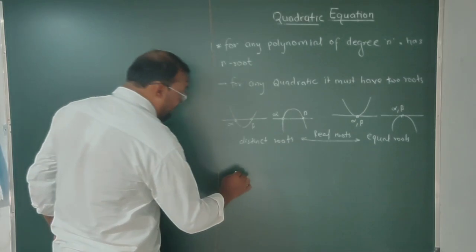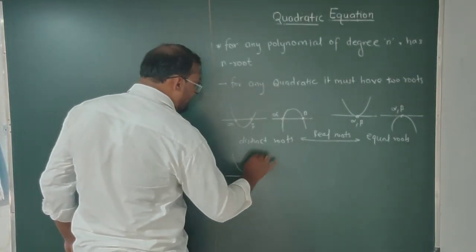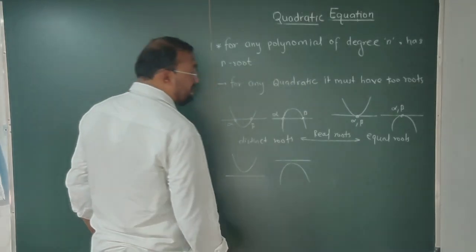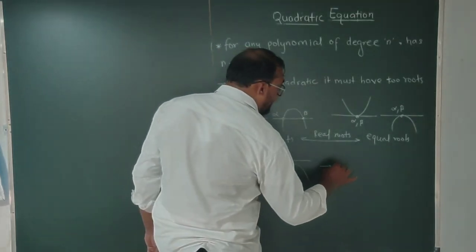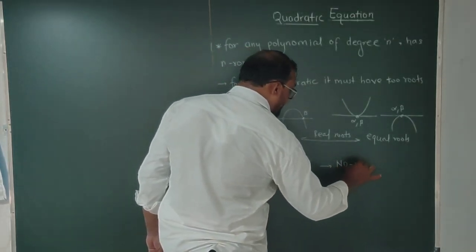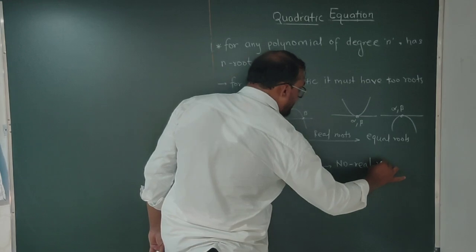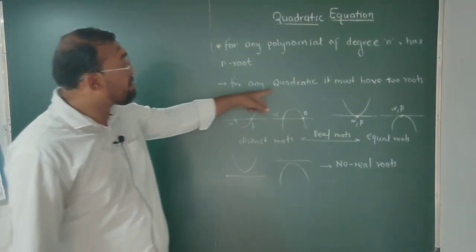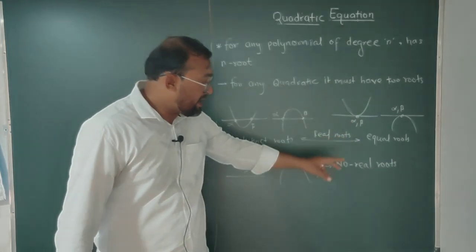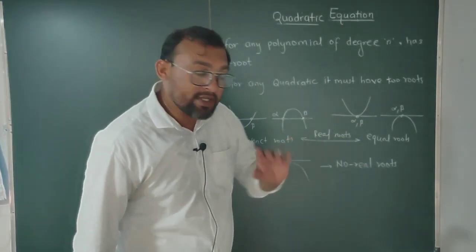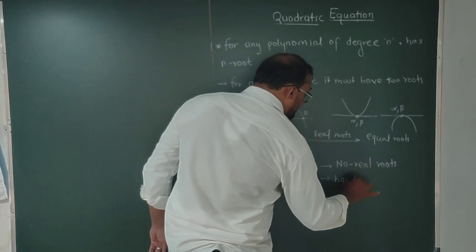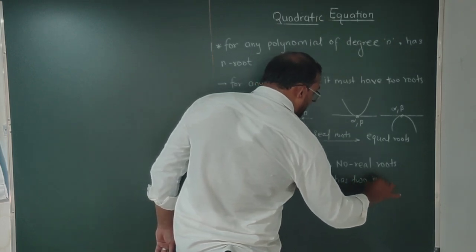But if the graph is not touching or cutting the x-axis, then in this condition we get no real roots. Again, look at the words, no real roots. As the roots are not real, but it must have two roots, then obviously these are imaginary roots. And it has two imaginary roots.